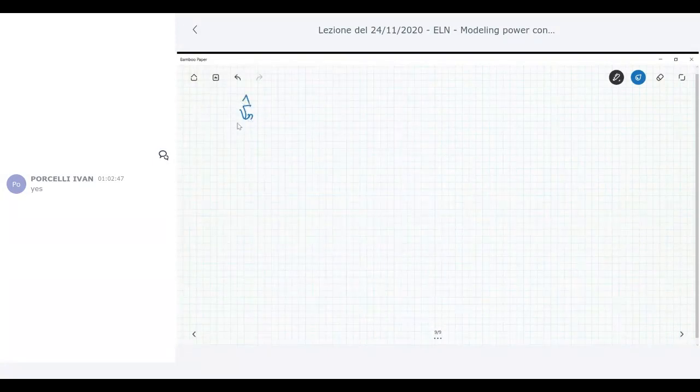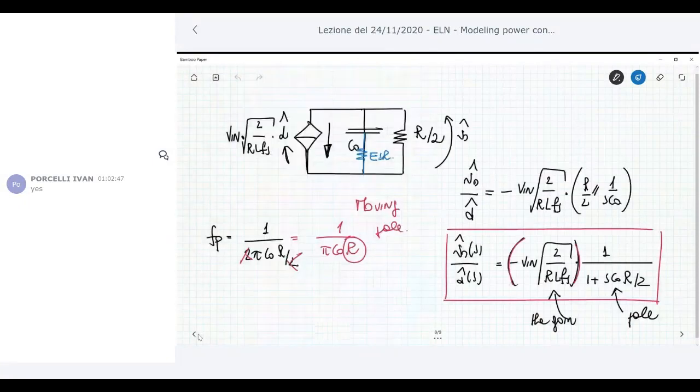V naught over D, which is now minus V in 2 RLFS, let me derive this expression, okay, just because I have a doubt.